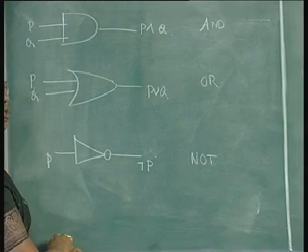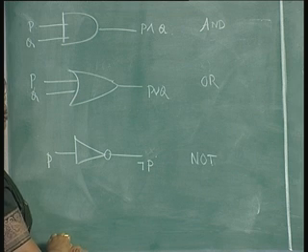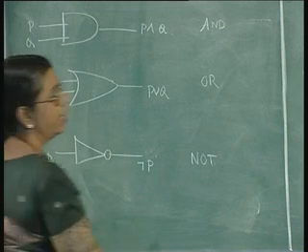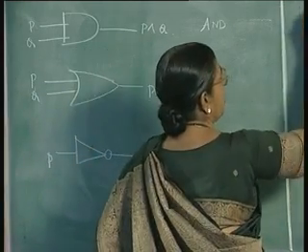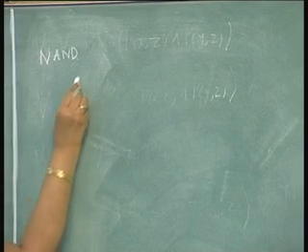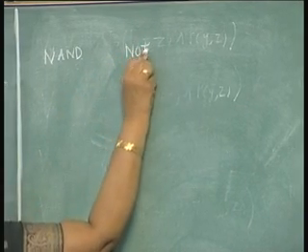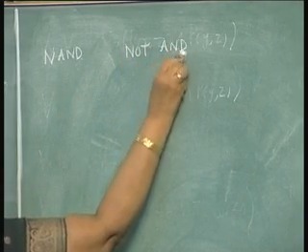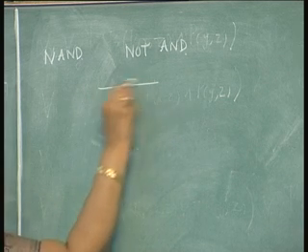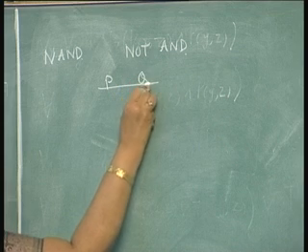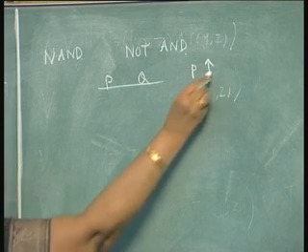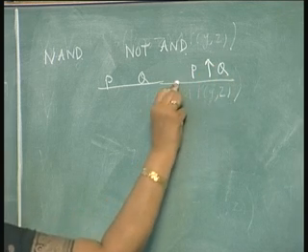In switching circuits, we also have two more gates known as the NAND gate and the NOR gate. NAND is actually not AND, complementary to AND, and the truth table for that will be like this: P Q. The operator is usually denoted like this: Pierce arrow.